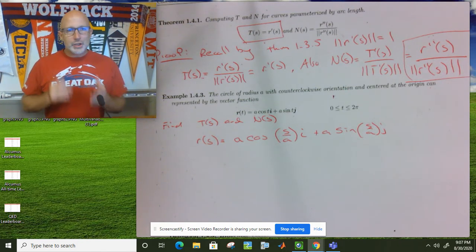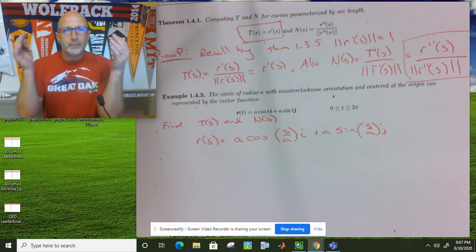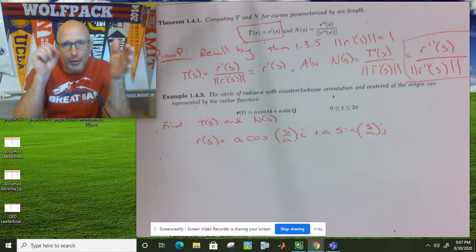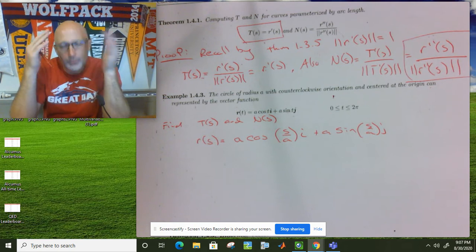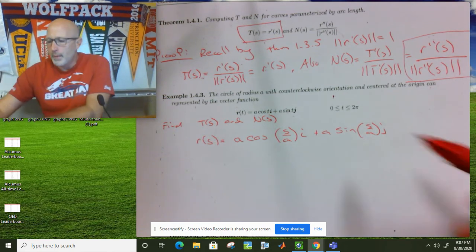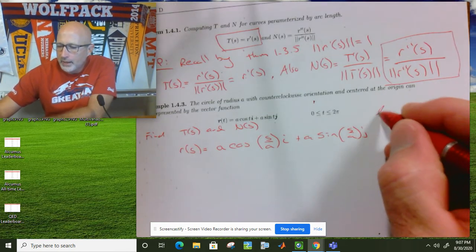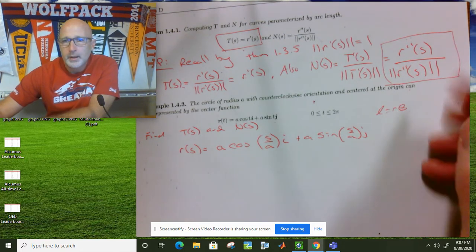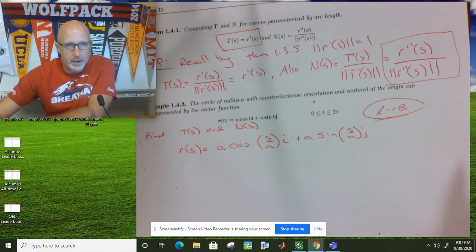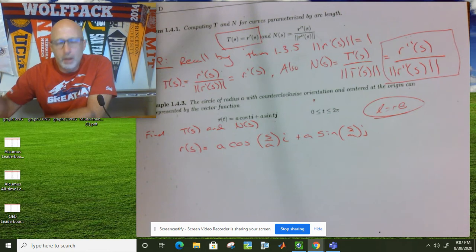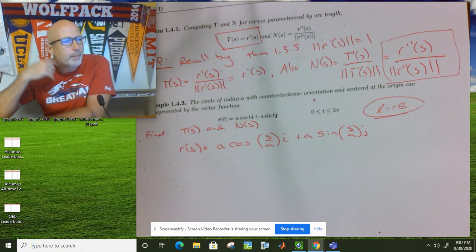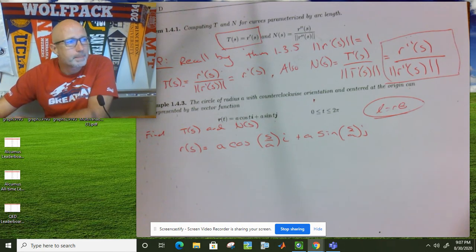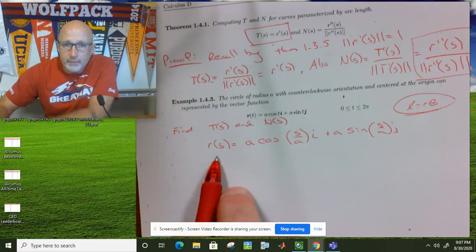We didn't use that magical formula, the one with the integral and the magnitude, that's the one you're supposed to use. But for this one, we just said that the length is equal to r times theta, and then we changed it from there. If you don't recall, go back in your notes and look it up. It was at the very beginning of this parameterization, section 1.3.